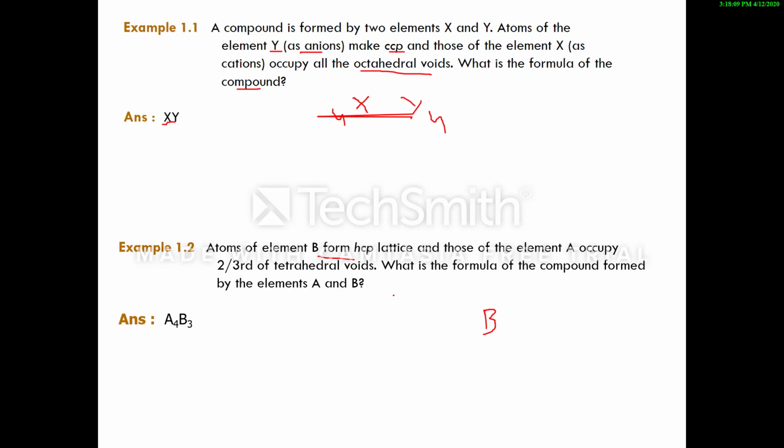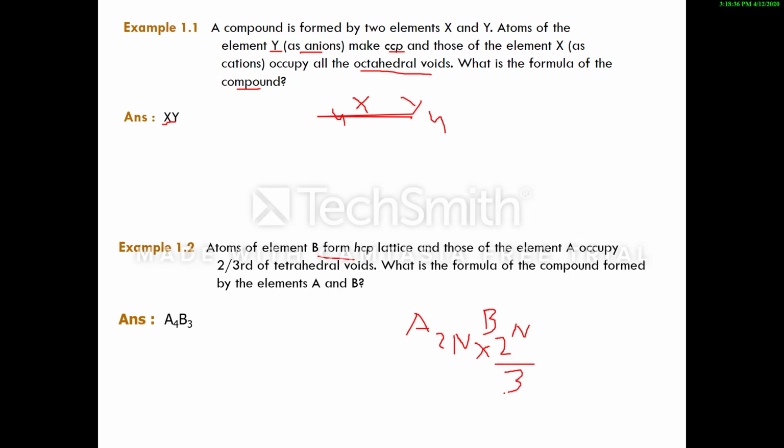HCP lattice means the number of particles, you can assume, is N. And A occupies 2/3 of the tetrahedral voids. When the number of particles is N, the number of tetrahedral voids is 2N. And 2/3 of 2N is 4N/3.